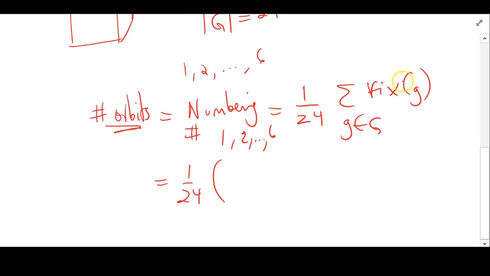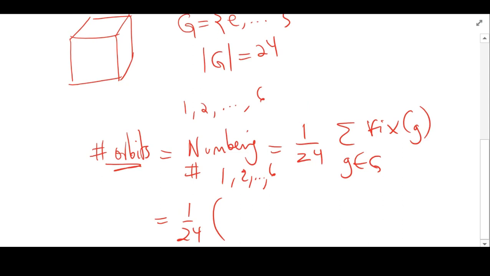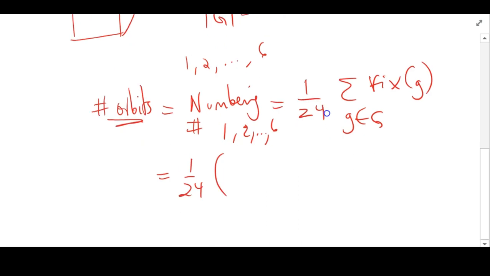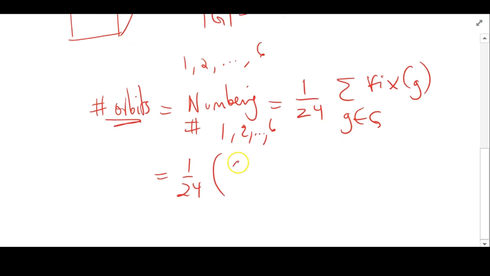Let's start with the fix of e, the identity. If you have a die which is already numbered, how many of these numberings will be fixed by the do-nothing group member? All of them. So 6 factorial ways. So that would be 6 factorial.